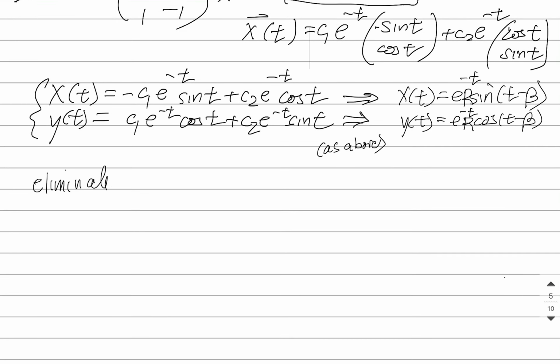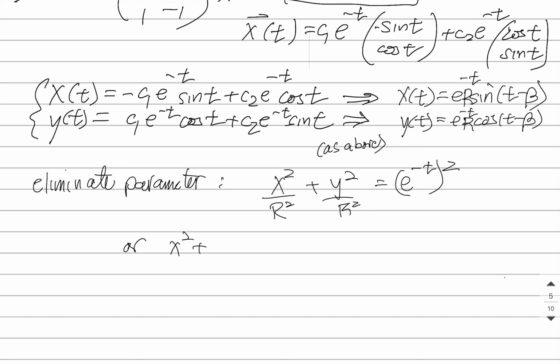We're going to eliminate the parameter. And when we eliminate the parameter, what we'll find is x squared over r squared, y squared over r squared will end up being e to the minus t squared. x squared plus y squared will then be r e to the minus t all squared.